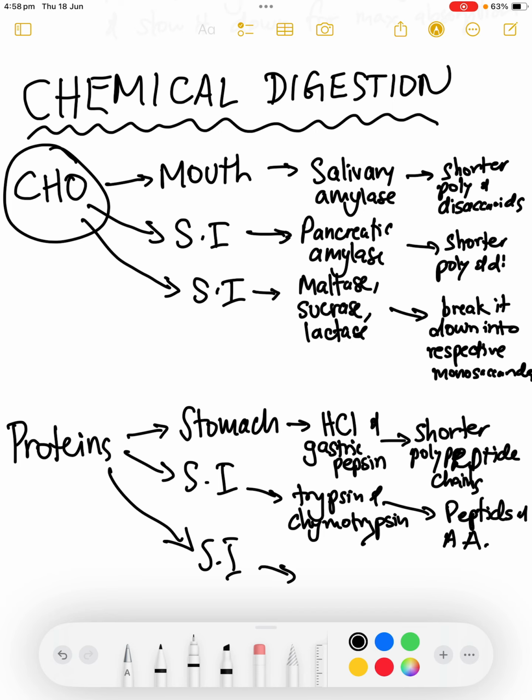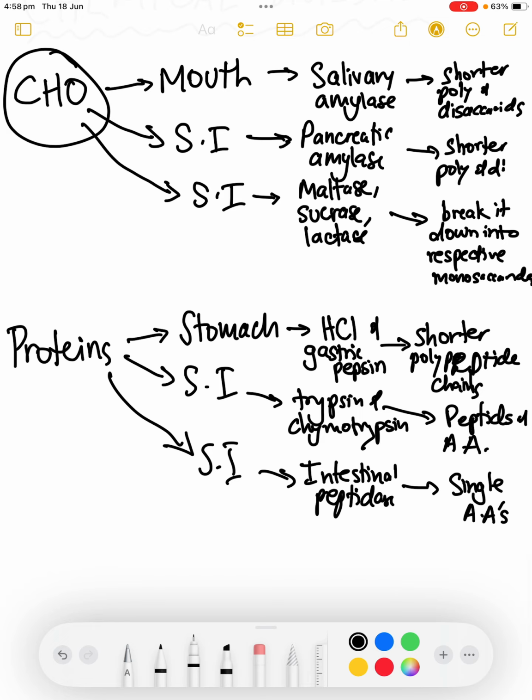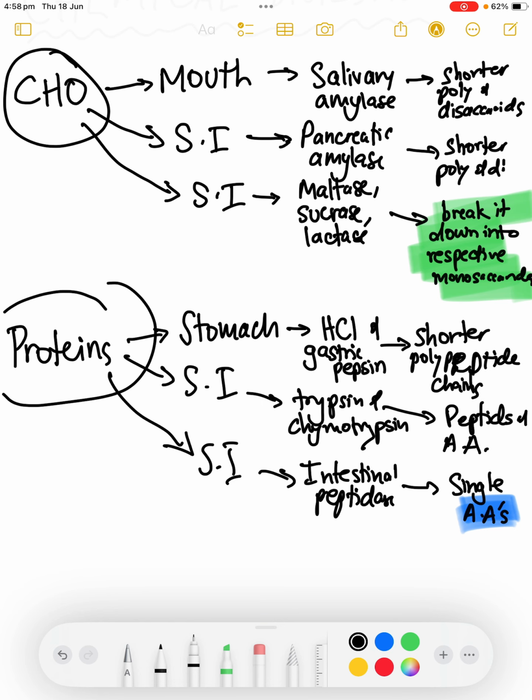And then finally, intestinal peptidase breaks down these peptides into single amino acids. Okay, and then that's absorbed into the bloodstream. I'll just put a highlight mark on that. These singular units are absorbed directly into the bloodstream.